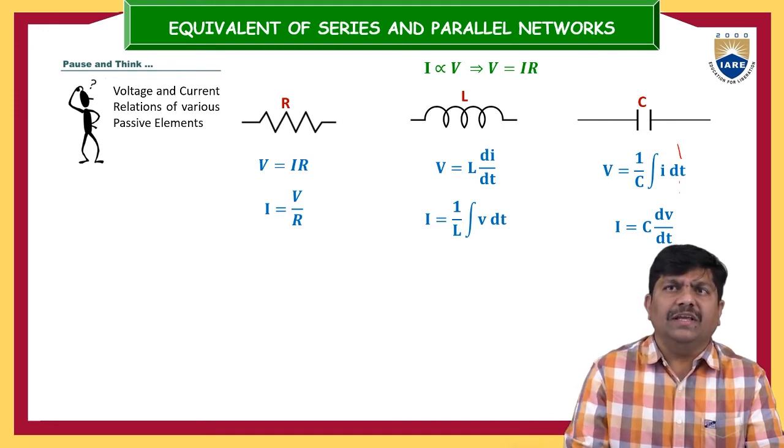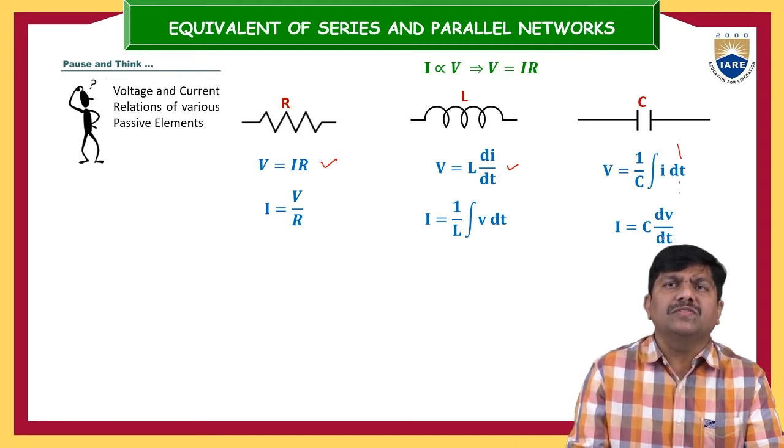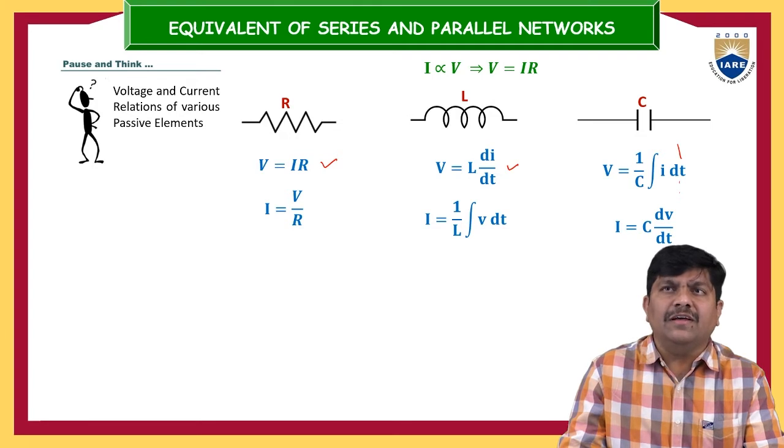My suggestion is that you remember these formulas: V is equal to I into R, V is equal to L into di by dt, and I is equal to C dV by dt. This is very easy to remember. I have given the voltage and current relations in this slide, so that it will be easy to understand the equivalent of series and parallel electrical circuits.